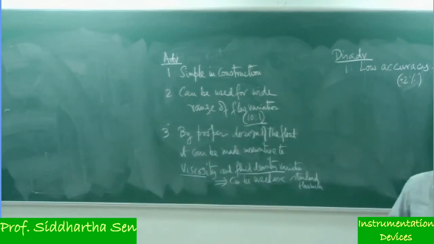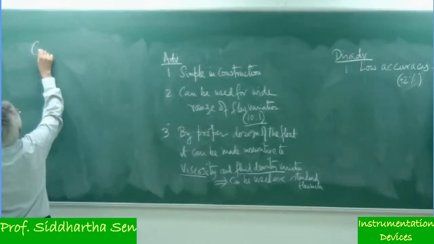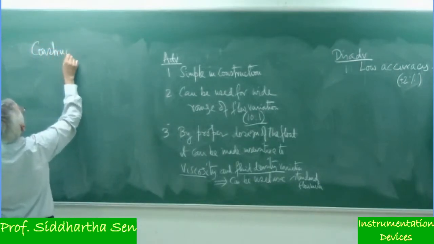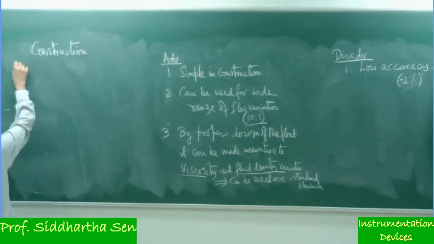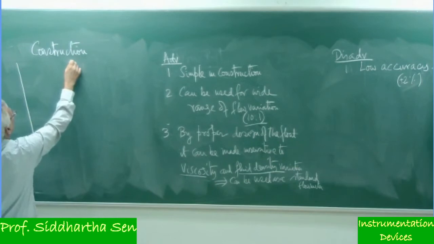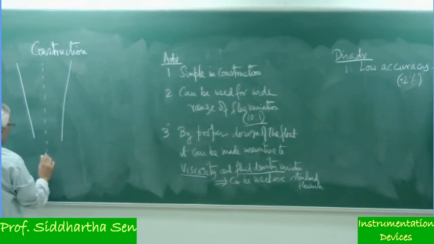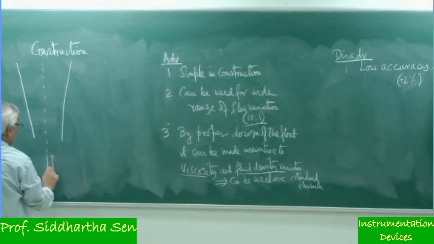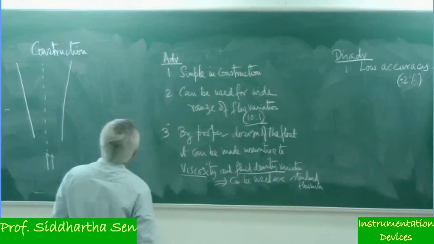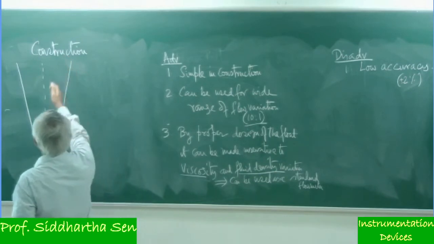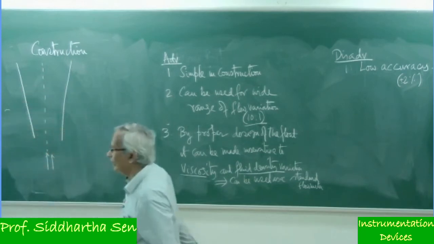And what is the construction? The basic construction I have told in the last class, that first of all, the tube is tapered towards the lower end, and it has to be held vertical.